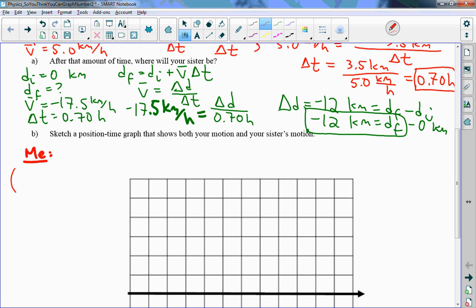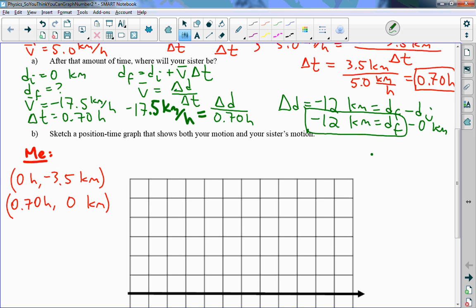I know that at time 0, I was at negative 3.5 kilometers. That's my y-intercept. I also know that at 0.70 hours, I was at home. And I only need 2 points to make a line.